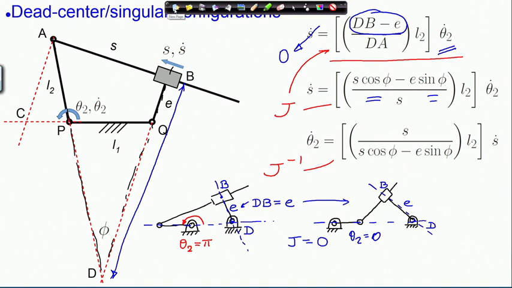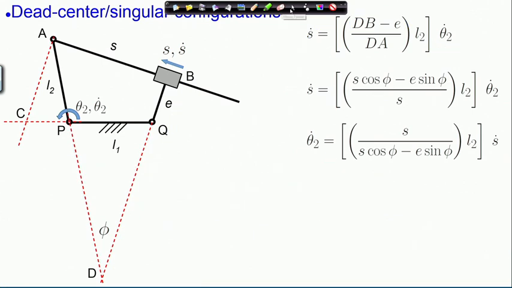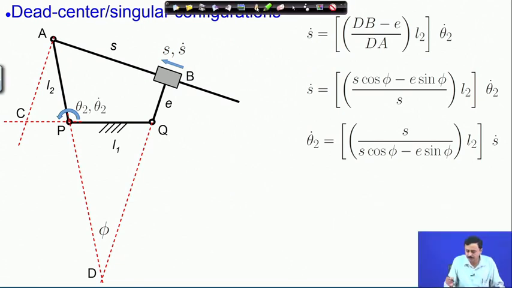What is the other situation? The other singularity is when the Jacobian inverse vanishes. So, this is the Jacobian inverse. The Jacobian inverse vanishes when S is equal to 0. And when can that happen?